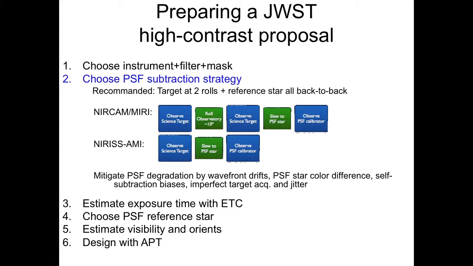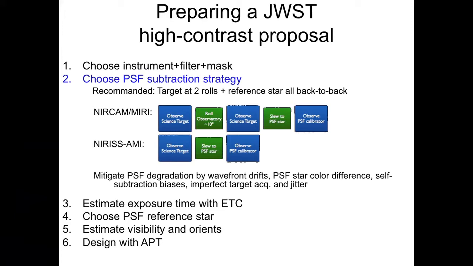But using reference differential imaging, so by observing a PSF, it was also shown to be very efficient with the HST as part of the ALICE program. So it will prevent a self-subtraction of your science target. It will mitigate some artifacts as well.